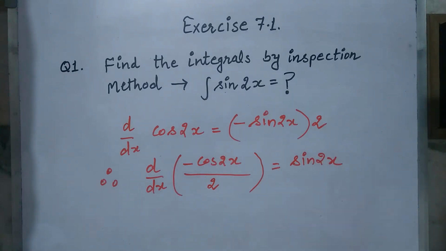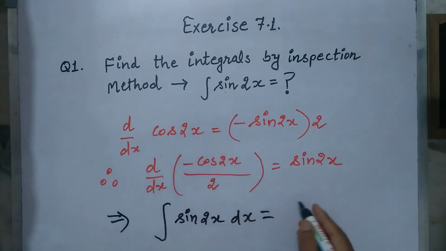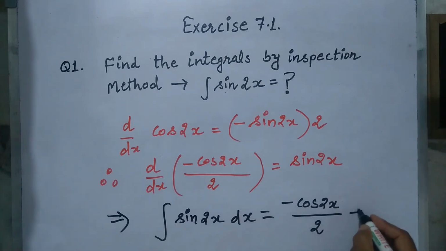Therefore, right hand side is sine of 2x. Now taking integration, answer will be this minus cos 2x upon 2 plus c, the constant of integration.